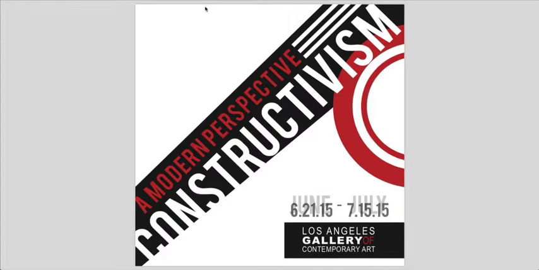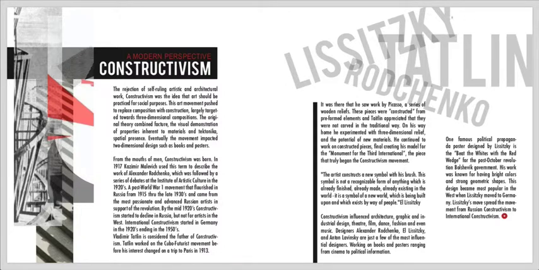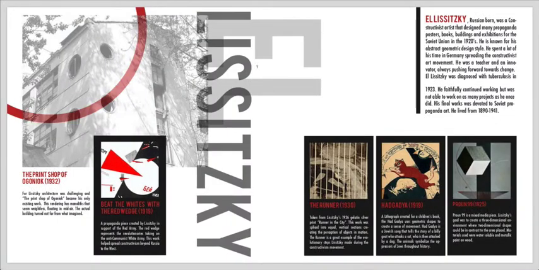So our very first project is on constructivism, and it was a pretty edgy movement for the time. You can see that they have picked up on some of the edgy qualities, some of the architecture that was happening at the time, playing around with the typography in terms of the way it might have been handled during the constructivist era.